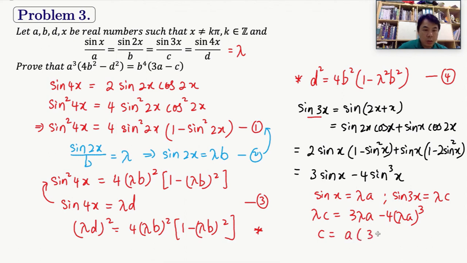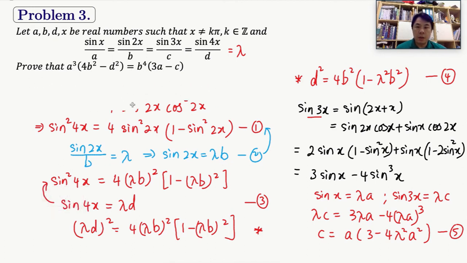That will be a times (3 minus 4 lambda squared), because one of the lambda has been cancelled off and the a has been taken out, so that will be a squared. So currently this is what we have. We have two expressions here, 4 and 5, that we're going to solve simultaneously.